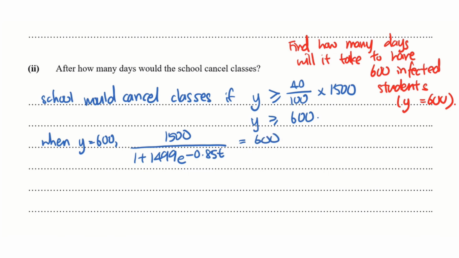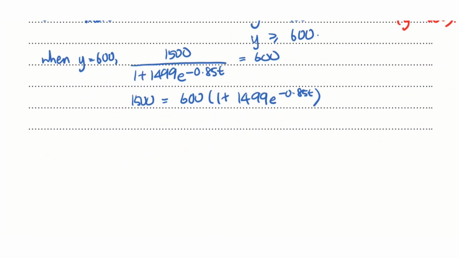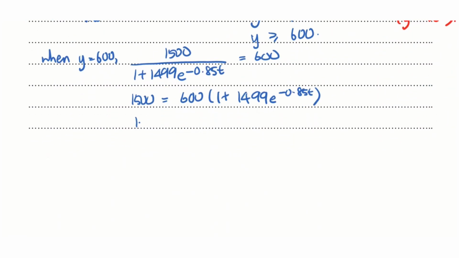Then we will do some cross multiplication to get rid of the denominator. Our aim here is to find out the value of t, so you will do some quick manipulation here.